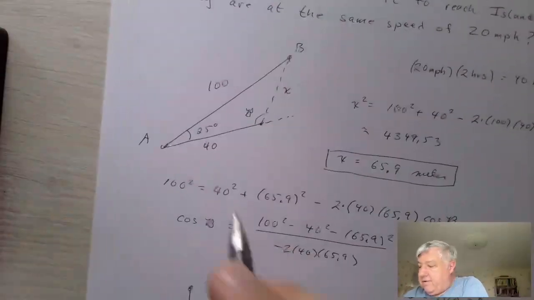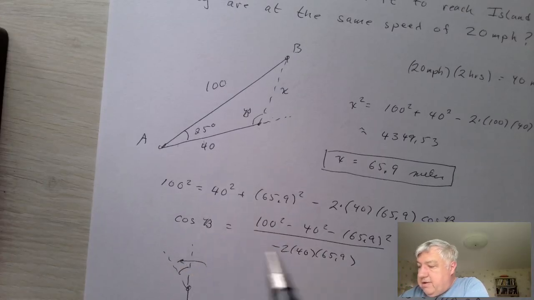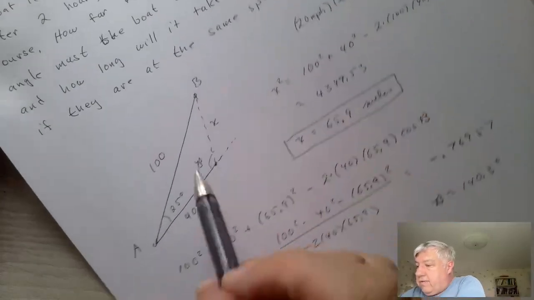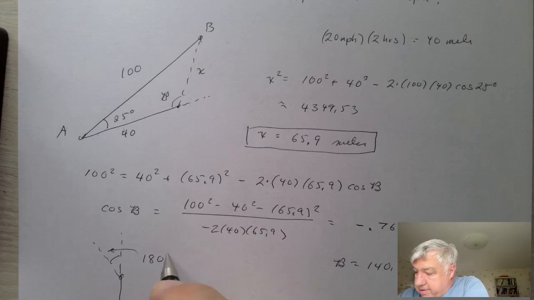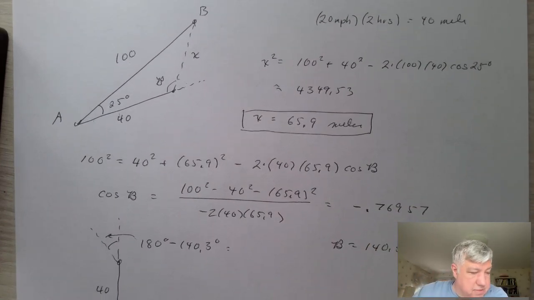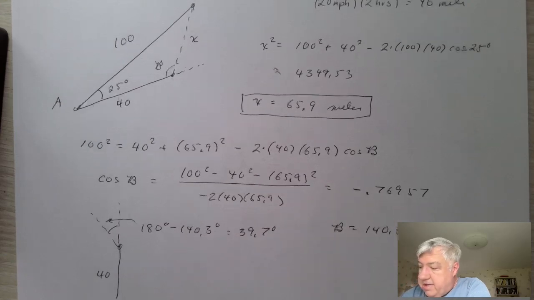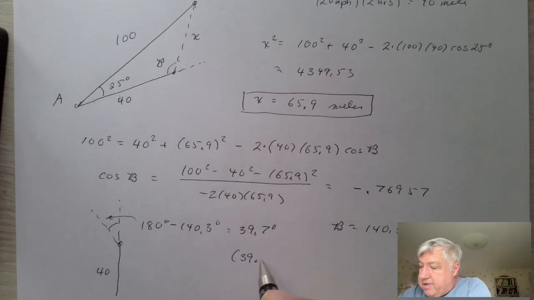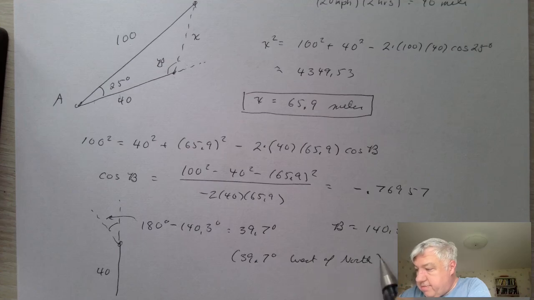So this angle and this angle have to add up to 180 degrees, so this would be 180 degrees minus 140.3 degrees, which I think is 39.7 degrees. Technically I guess it would be 39.7 degrees northwest of north, I guess.